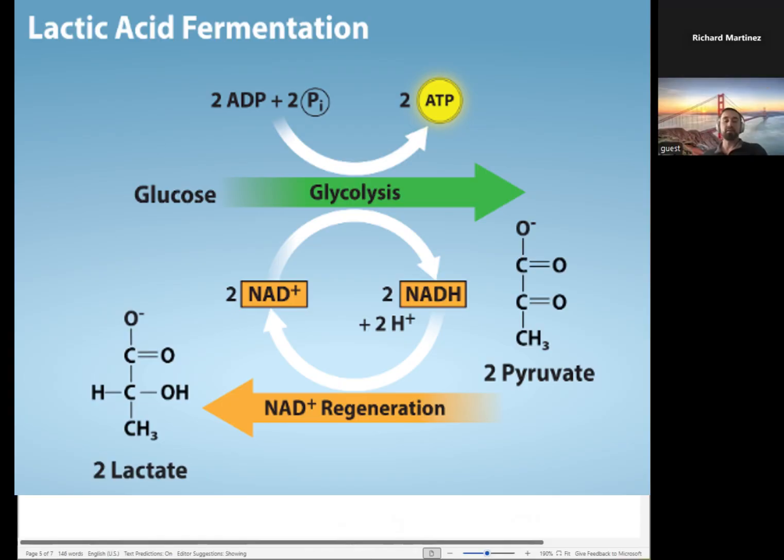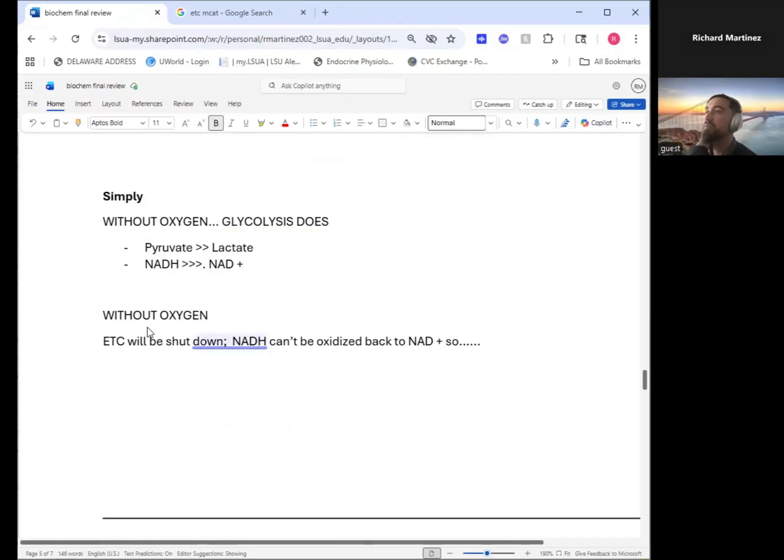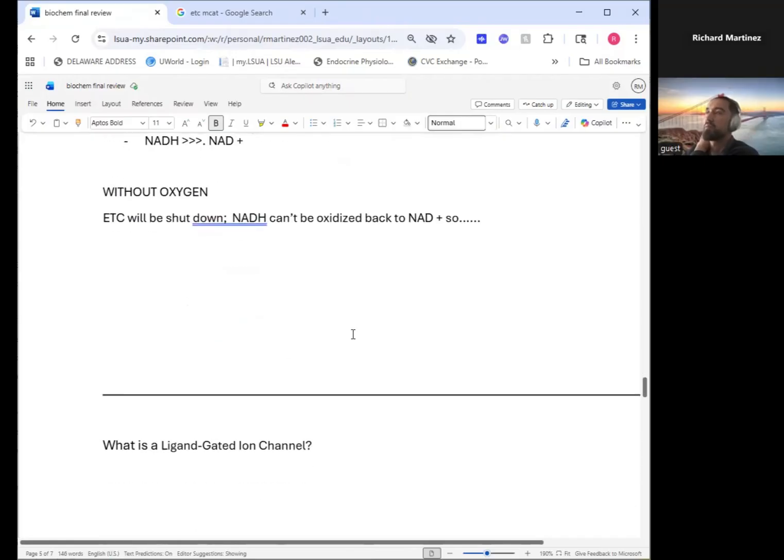Now, lactate can turn NADH to NAD plus. It's the lactate fermentation cycle. So without oxygen, the ETC will be shut down. NADH cannot be oxidized back to NAD plus. Okay, remember that.